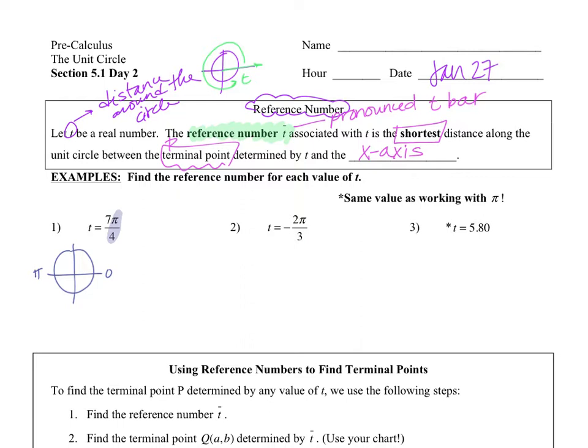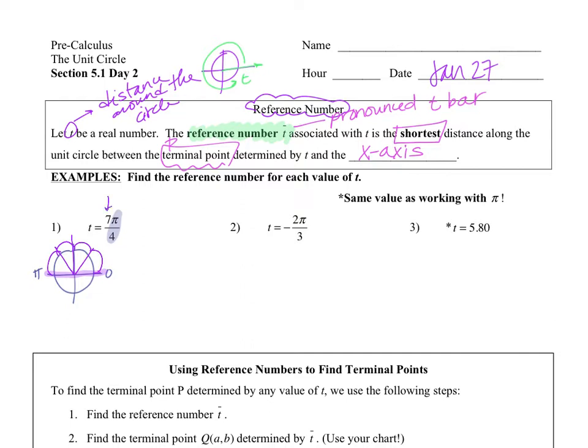That means that I need to take my pi, which is half the circle right there, and divide that into 4 equal pieces. So each one of those pieces is 1 pi over 4. So when I start here at 0, I count that's 1 pi over 4, 2 pi over 4, 3 pi over 4. There's 4 pi over 4s.